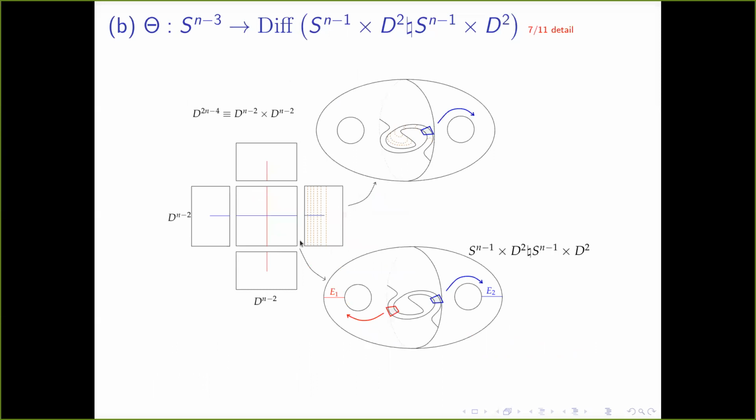So there's an S^(n-3) cross D^n, and what I want to do is think about what am I doing here?